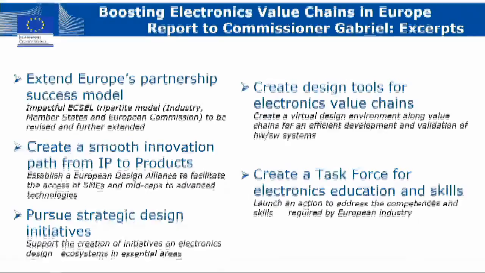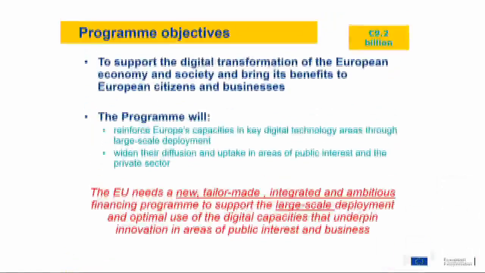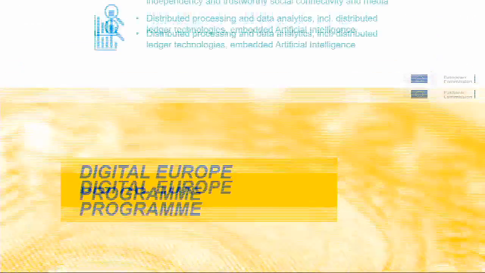When it comes to the budget, there are 700 million which are devoted to advancing digital skills in this Digital Europe program. So it's for developing basic infrastructures for that. But that's also to be seen in conjunction with the whole program.